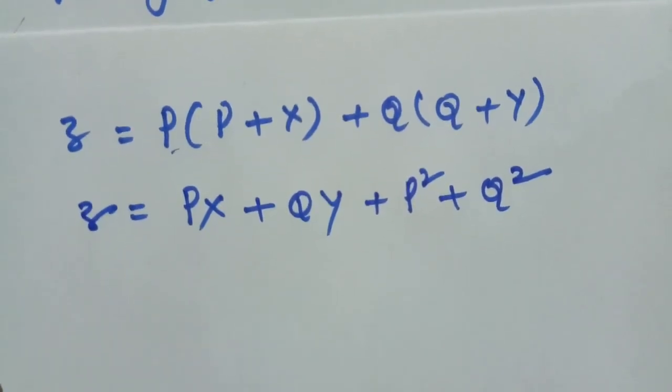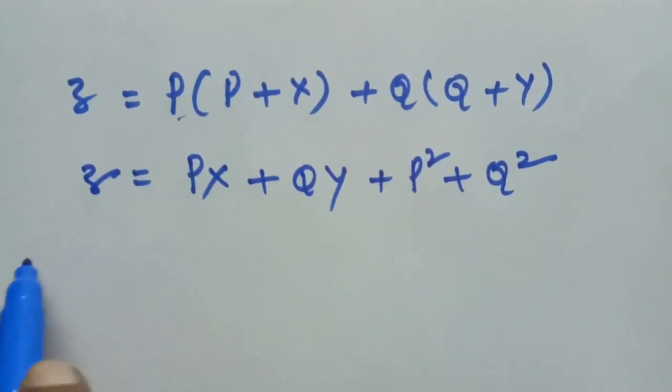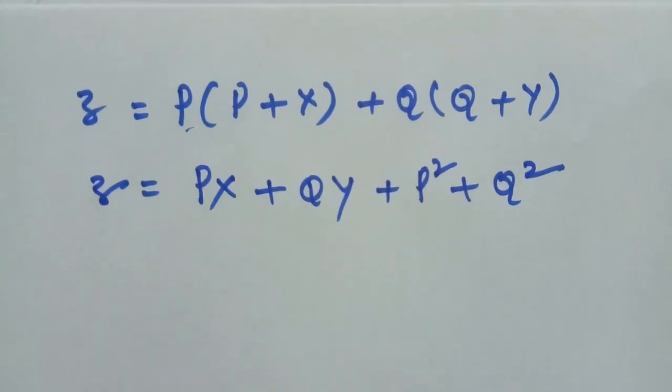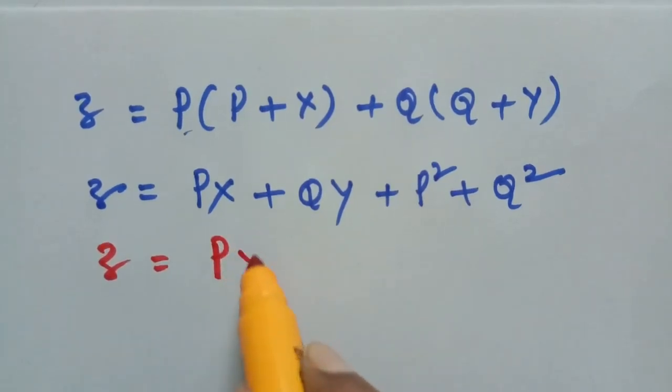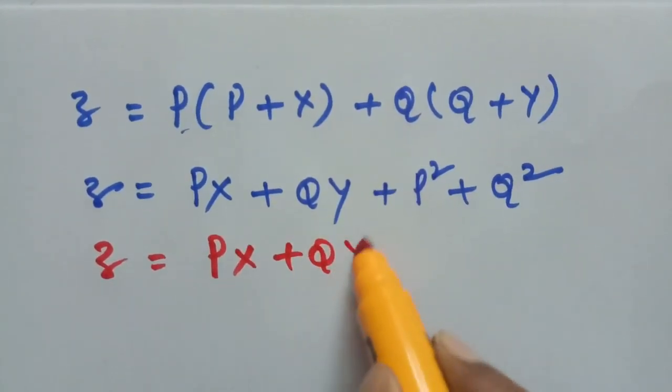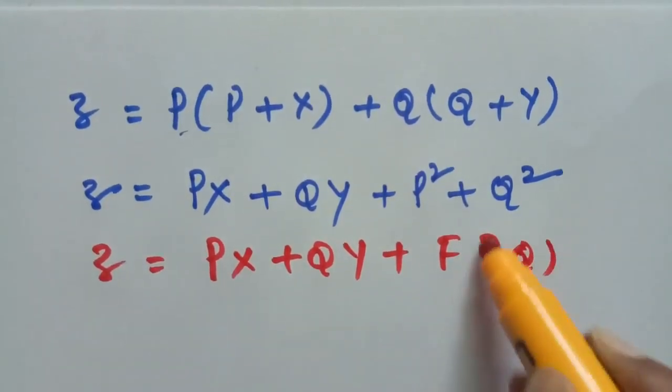Therefore, this is of the form, which form? Z is equal to px plus qy plus f of pq.